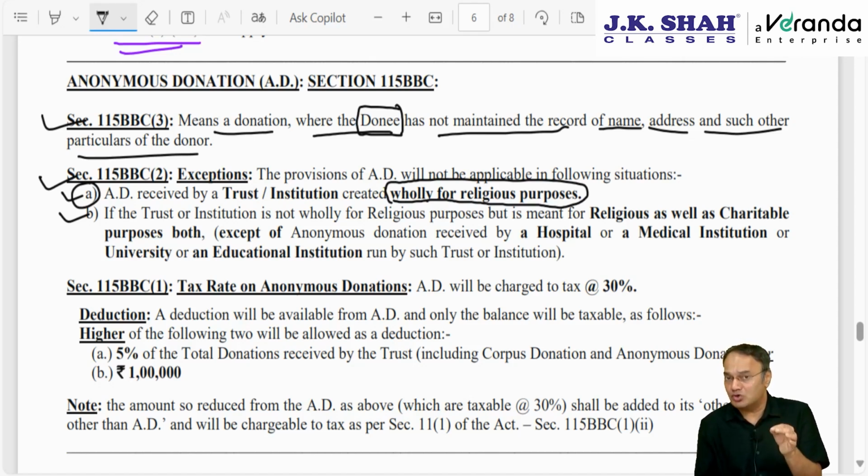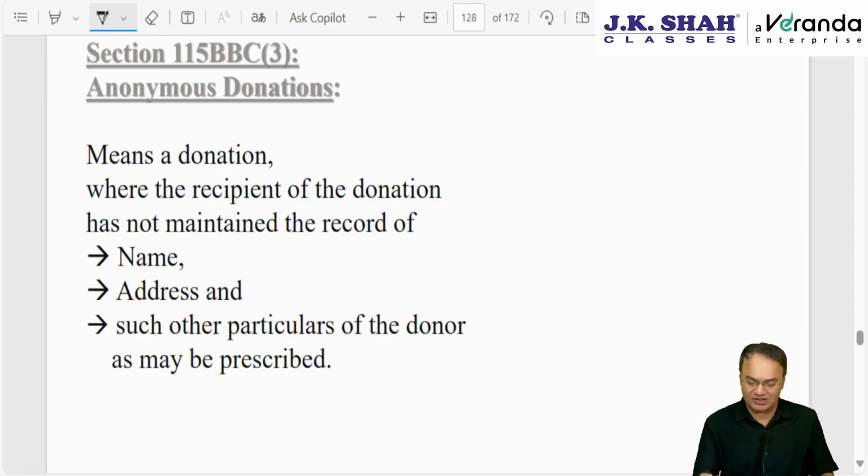However, if the anonymous donation is received by any other institution run by such a trust, then the anonymous donation will not be taxed at 30% rate. Let's try to understand with the help of an example.